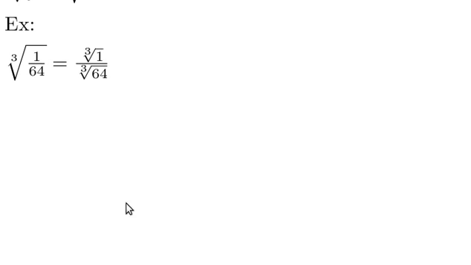The cube root of 64 is actually going to be 4, because 4 times 4 is 16, and 16 times 4, well, that's going to be the same thing as 32 times 2, which is 64. So that means that if you have 3 4s multiplied, that gives you 64, which means the cube root of 64 is 4. So this is going to be the final answer for this simplification. And obviously this is a lot simpler.